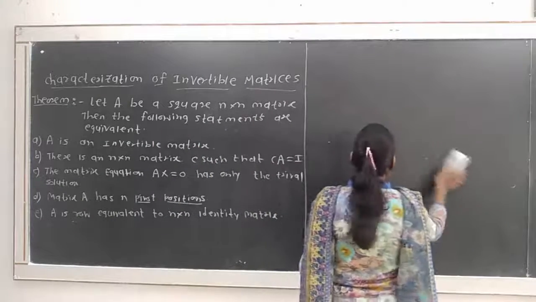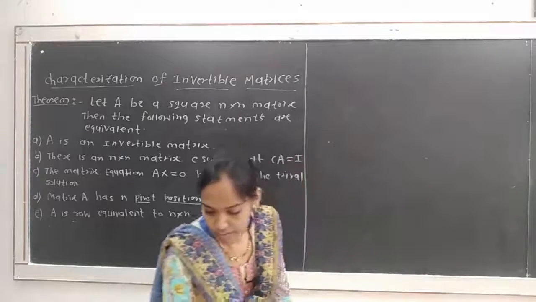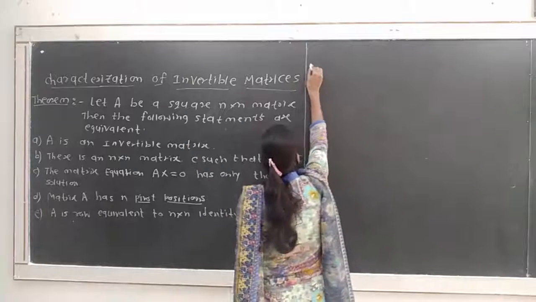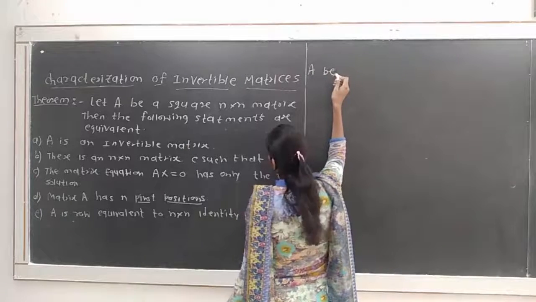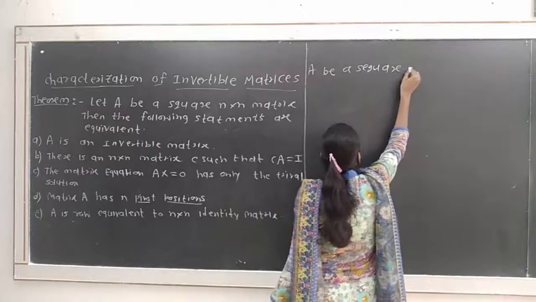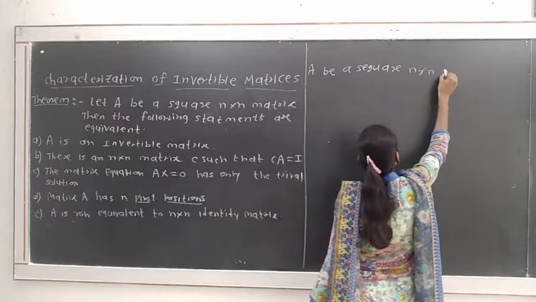So here, first we write the given: A is a square n cross n matrix.